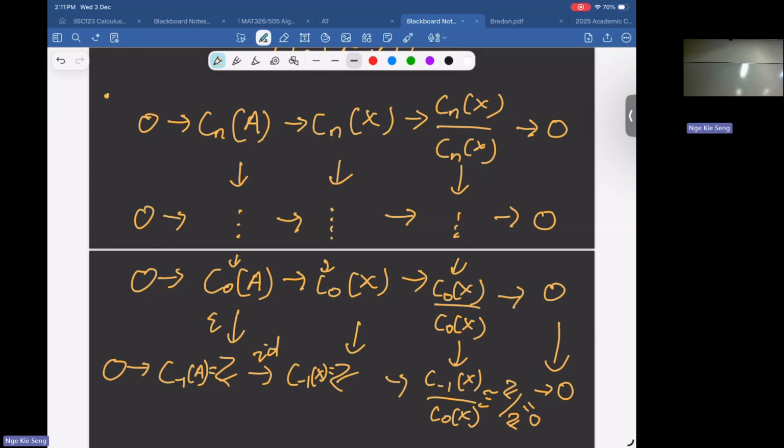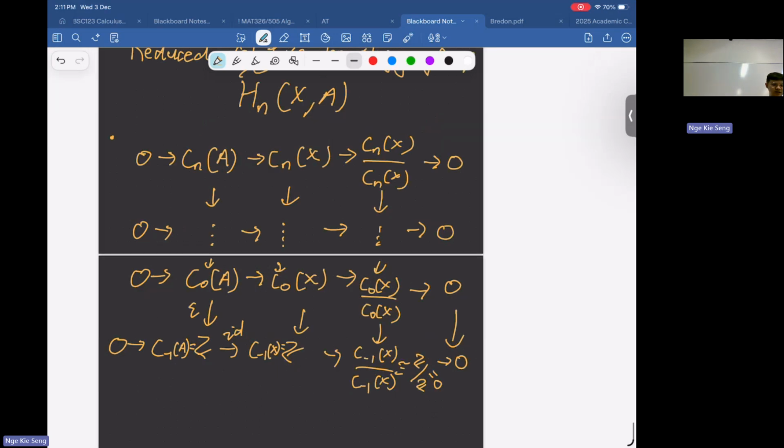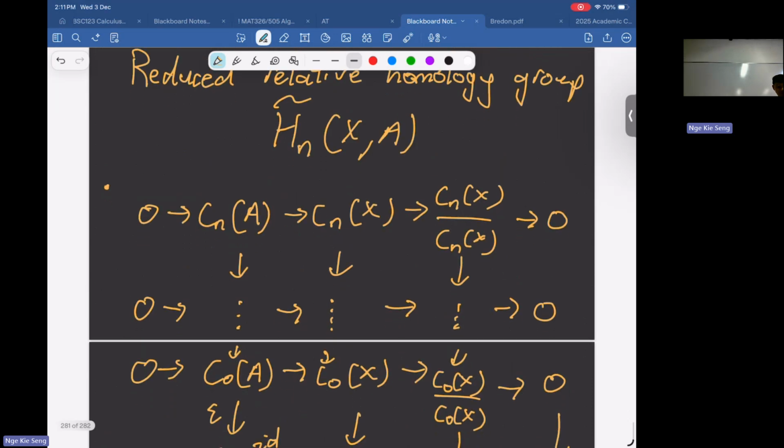So these two compose to zero because you mod out the C_{-1}. So here it's C_{-1}, not C_0. You mod out something inside C_{-1}. Okay, so this is the short exact sequence of complexes for reduced relative homology.